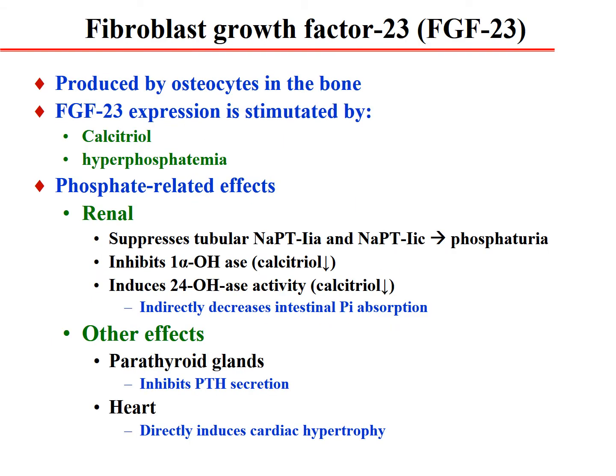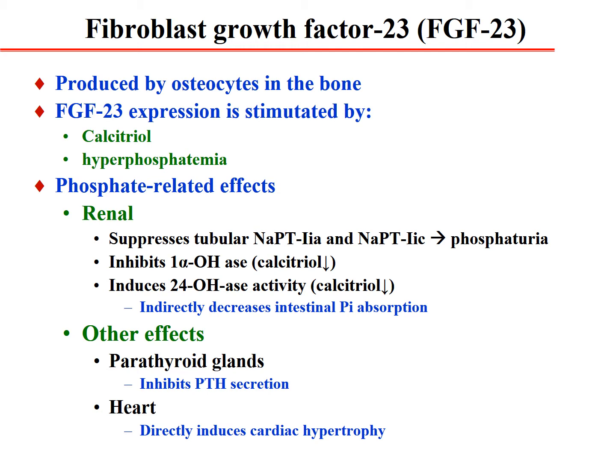Now, the fibroblast growth factor 23, or FGF23, is produced by osteocytes in the bone. FGF23 expression is stimulated, as we said previously, by hyperphosphatemia and calcitriol, so vitamin D, and elevated phosphate level.